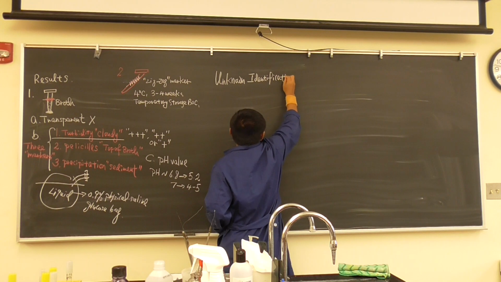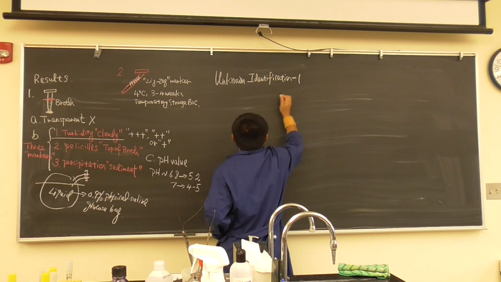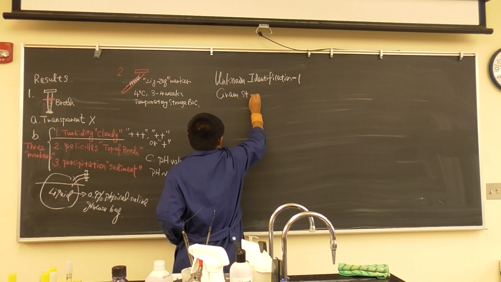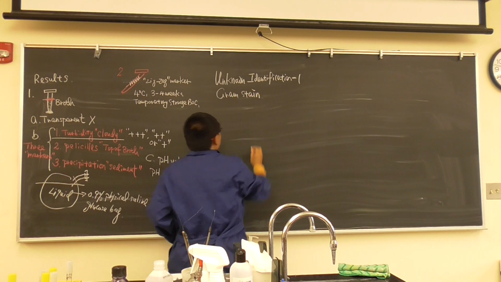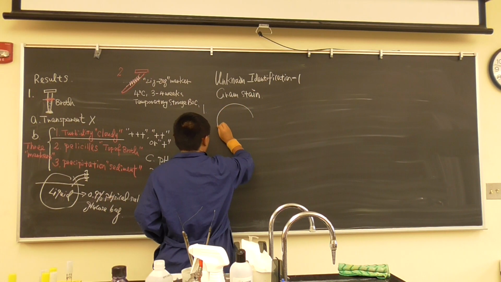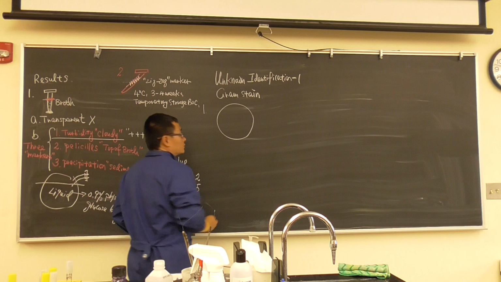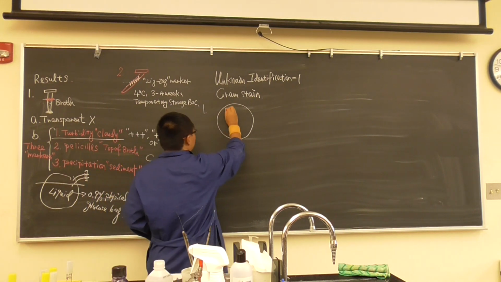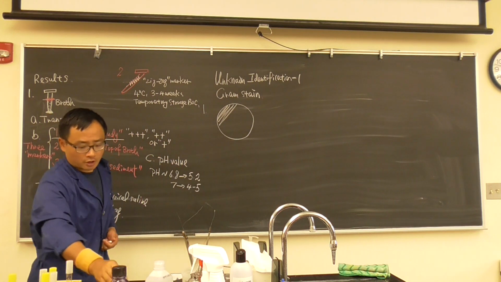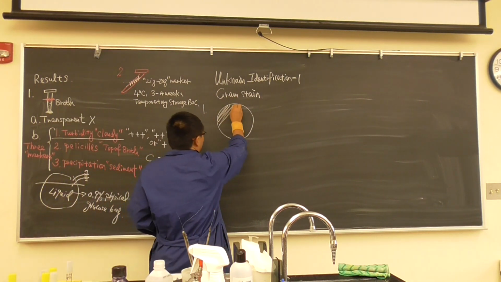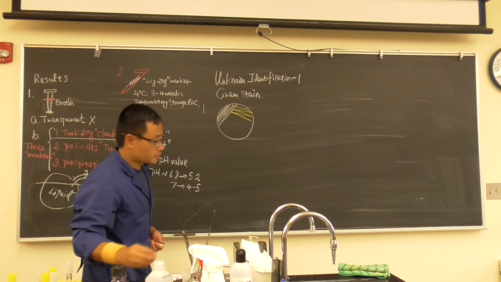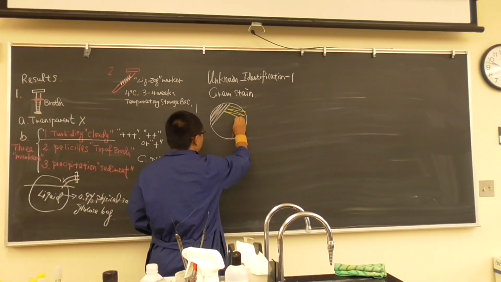Identification 1. So we are going to use Gram stain, basically. Okay, using Gram stain. First thing, you should all have a plate, the plate from after you did the streak plating. You should see something there.